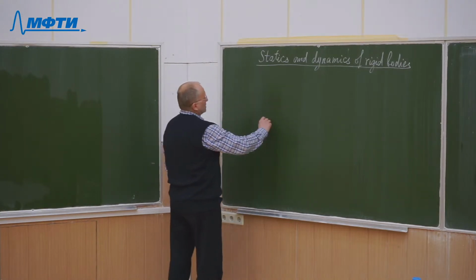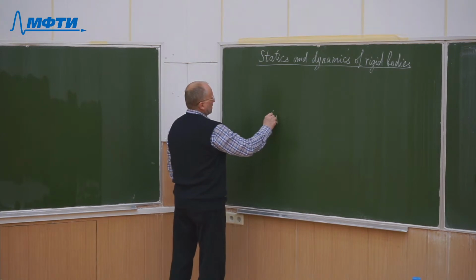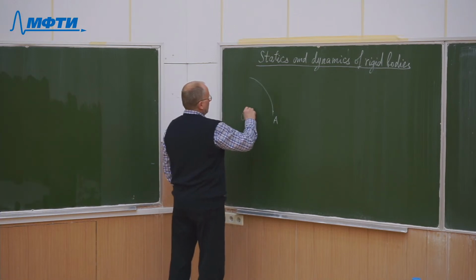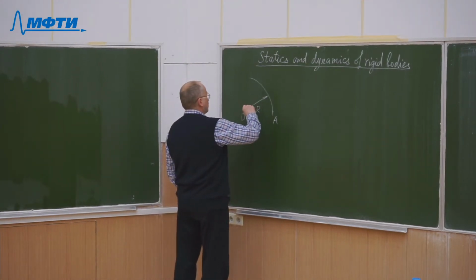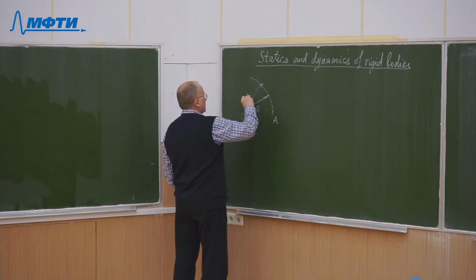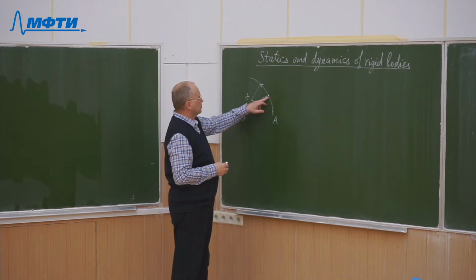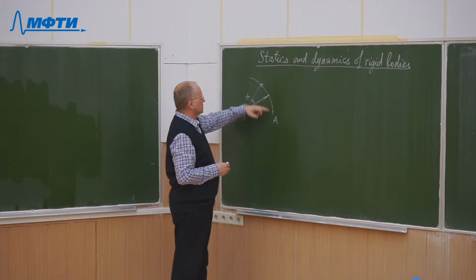If a material point A is engaged in a circular motion around point O, and the radius of its circular trajectory is R, then in some time period this point will move from one point to another on the circular trajectory.